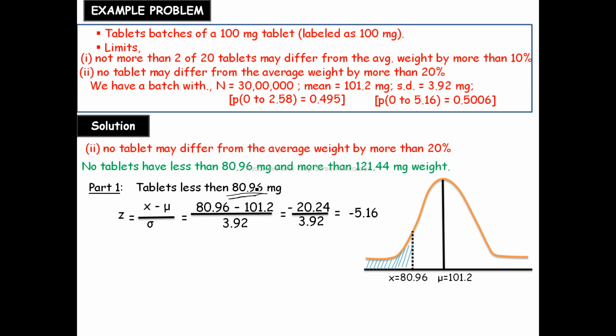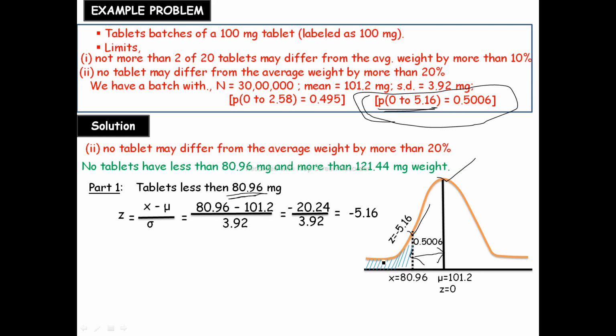Okay, now can you see in this question the value of the area from 0 to 5.16 is 0.5006. So the value of Z is minus 5.16 and the value of Z at the center is 0. The area from the mean value up to this dotted line is 0.5006.